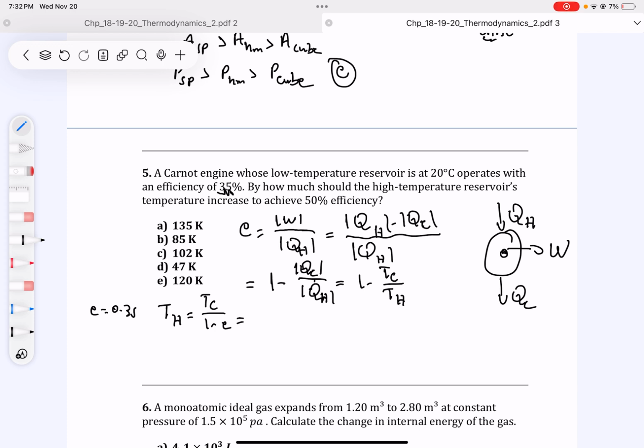TC is 20 Celsius, but TC must be in Kelvin. It's 20 plus 273.15, over 1 minus 0.35. It's 451 Kelvin.